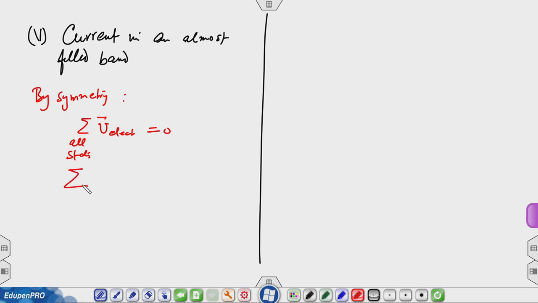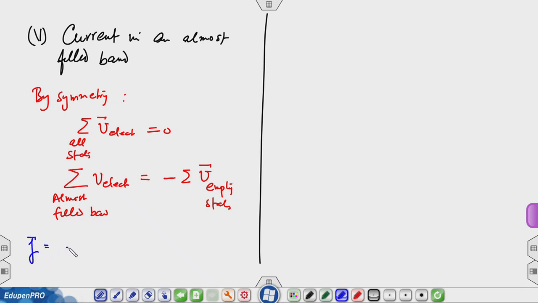So, summation of V electrons in almost filled band is equal to minus summation V empty states, and the current density therefore, J, which is equal to minus E summation V electrons in this almost filled band is equal to plus E summation V empty states.